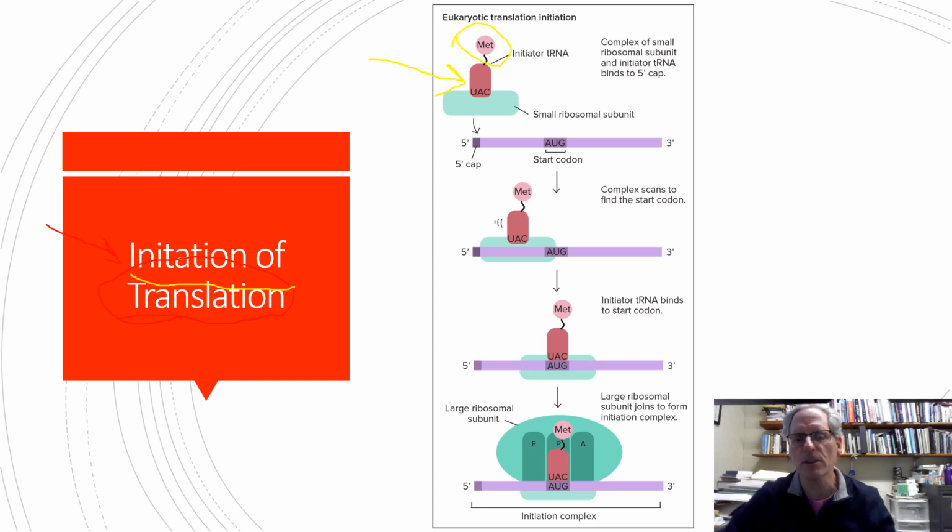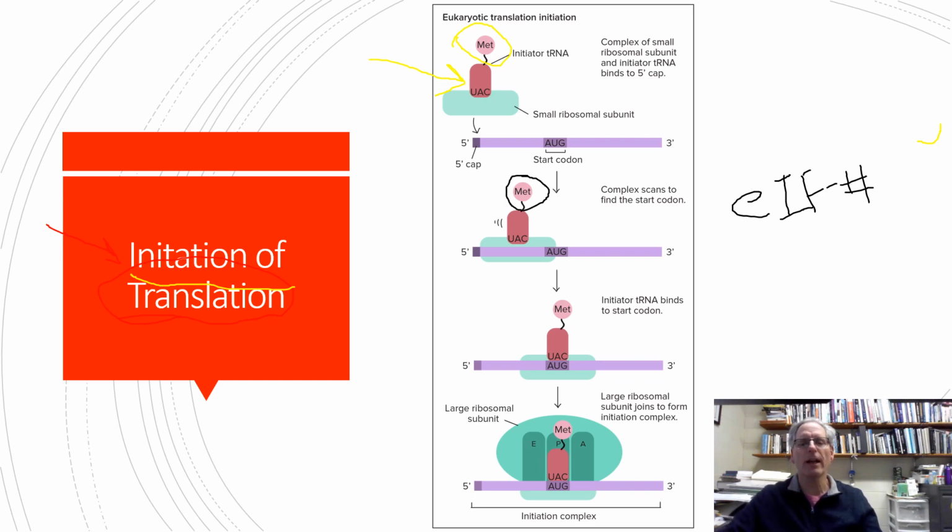You then have proteins called initiation factors, which are abbreviated eIF, and then they have a number usually. You need the particular initiation factors and the initiator tRNA, that's with the methionine attached. You need those assembled on the ribosome, and then you can initiate protein synthesis.